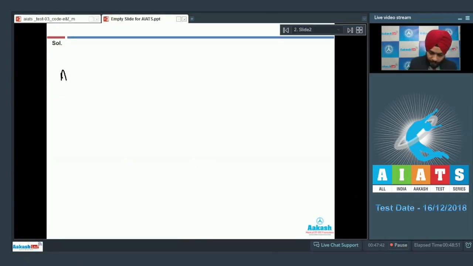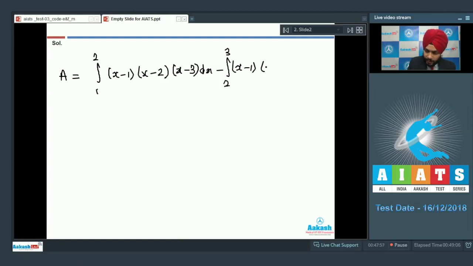Okay. So area will be, we'll write the full expression first of all. Integral of (x minus 1)(x minus 2)(x minus 3) dx minus integral 2 to 3 of (x minus 1)(x minus 2)(x minus 3) dx. So if you put x minus 2 as t, it will be (t minus 1)(t plus 1).